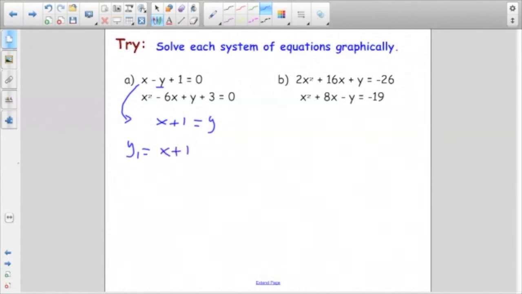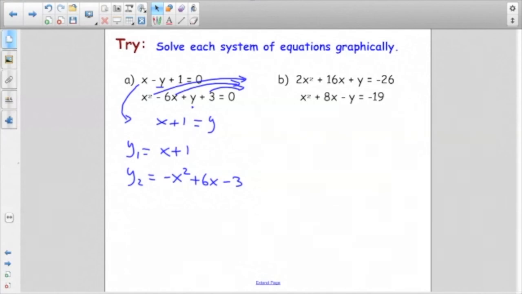Then y2, there it is. So this has to go over, this has to go over, and this has to fly over. So I get negative x squared plus 6x minus 3. Okay? So those are my 2 y equals.